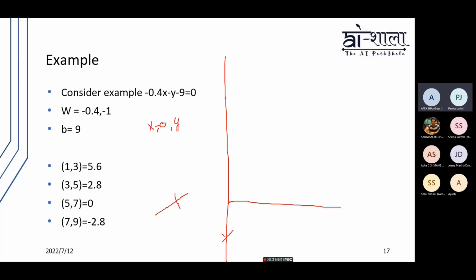And suppose you put y equals 0, what will you get? 9 divided by 0.4, something like that, right?